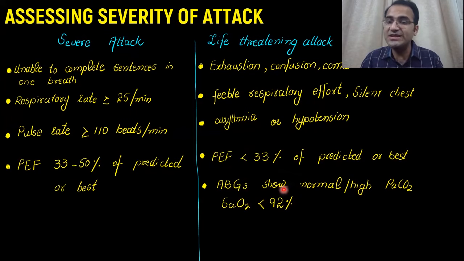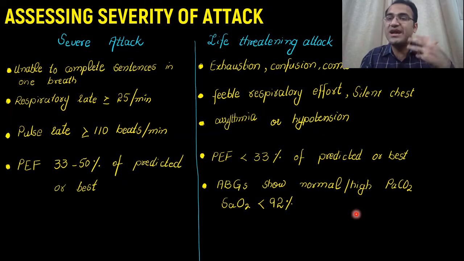Arterial blood gases show normal or high PaCO2. Remember, a patient presenting to the emergency department with an acute severe attack will be tachypneic, and tachypneic patients should have a low carbon dioxide level in the blood. That low level is better than a normal or high carbon dioxide level. Why?